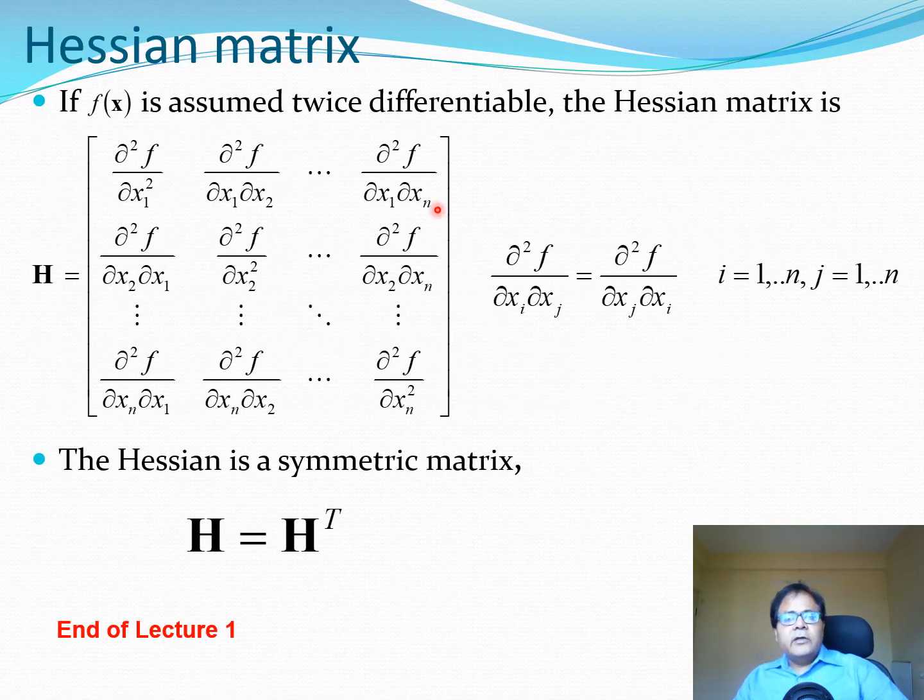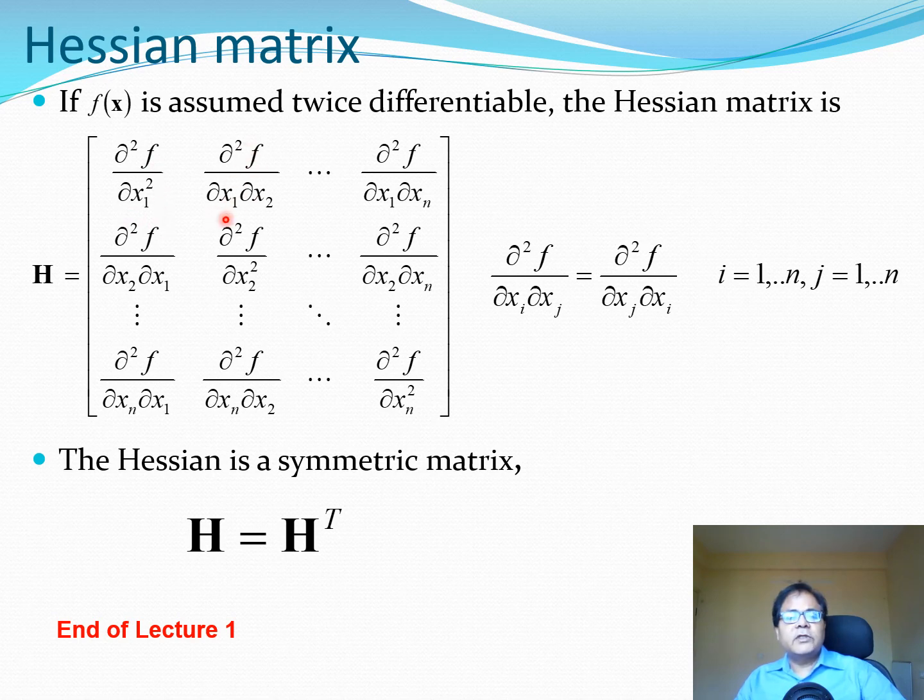Now, corresponding to the gradient, there is one more fact which we use here, which is essentially the second derivative in multi-dimensional form. We will assume that the function f of x can be differentiated twice, then you can form this particular matrix H. You take the partial derivative with respect to x1 and then one more partial derivative with respect to x1.